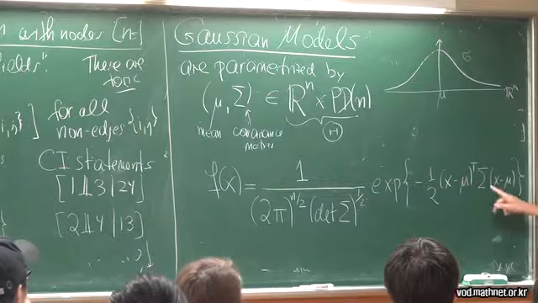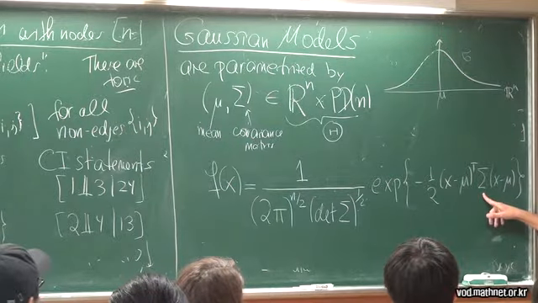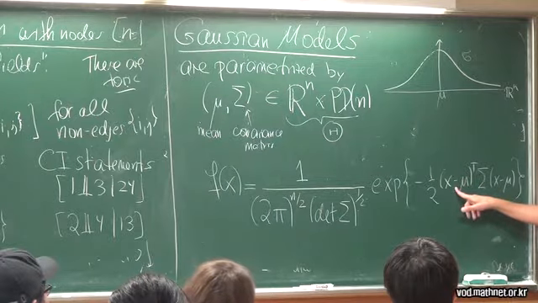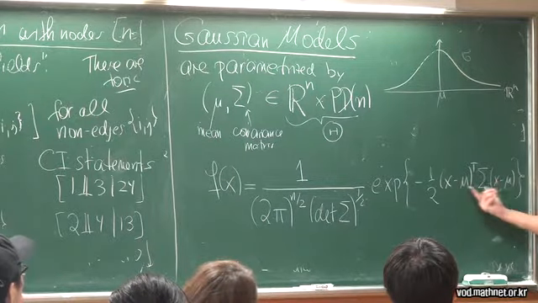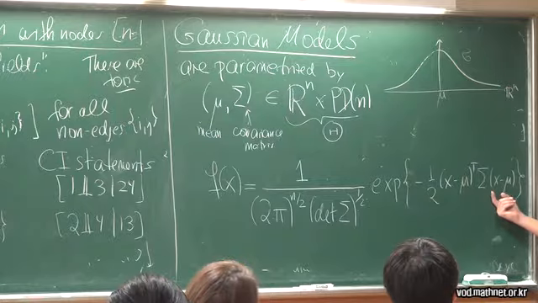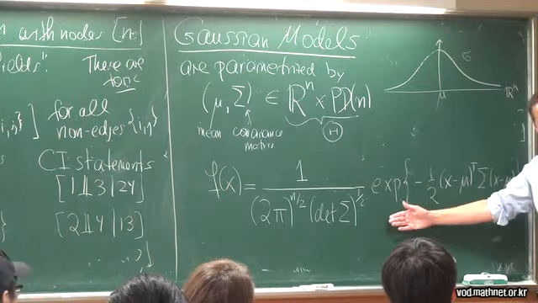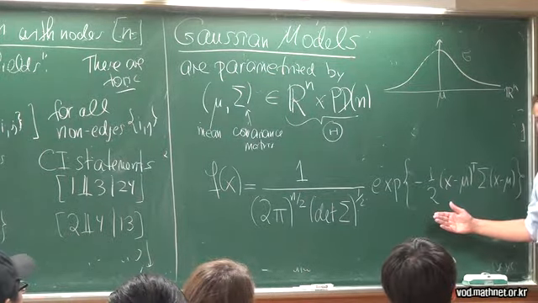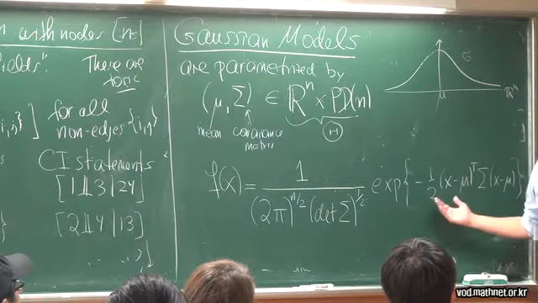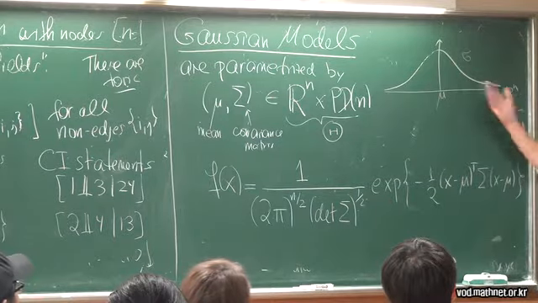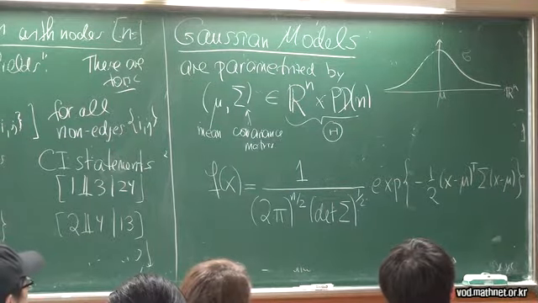Okay? So again, sigma is the positive definite quadratic form. I'm multiplying by x minus mu. That's a vector. That's a non-negative number, right? Minus half times that is a non-positive number. Then you take an exponential of a non-positive number. That's a small positive real number. And then you normalize by this thing so that the integral, the area, is 1.